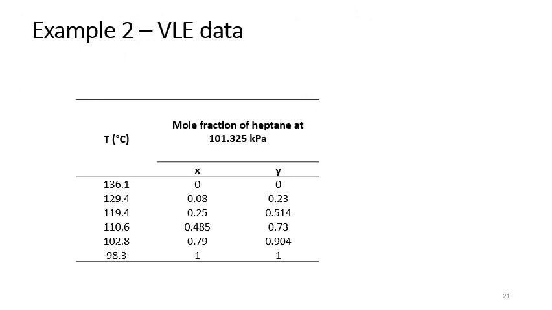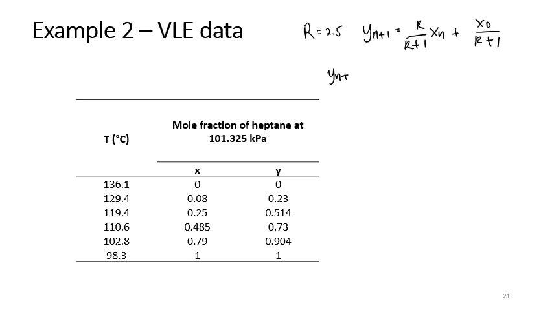Okay, so for part B, you have to calculate the theoretical number of stages. You know what to do. You plot the VLE data, ROL, Q line, SOL. So let's just do it again this time. So this is VLE data. You should plot it, and then given the R value, R equals 2.5, you can plot yn plus 1 equals R over R plus 1 xn plus xd over R plus 1.